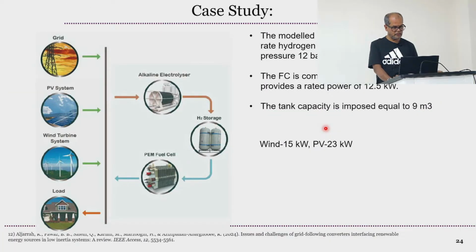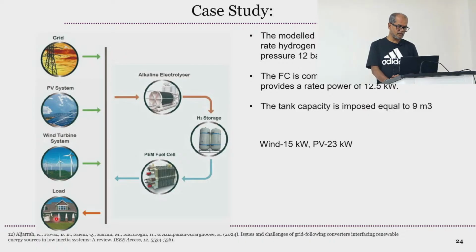Now I'll quickly show one simulation result, then probably I'm going to stop. Here you can see a system that can be connected with the grid. Initially it is definitely grid connected.